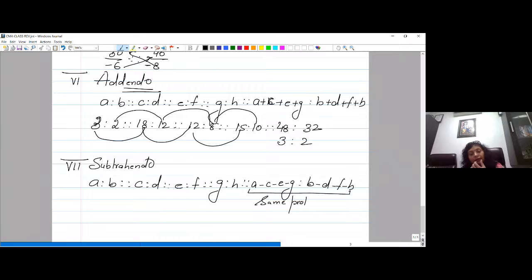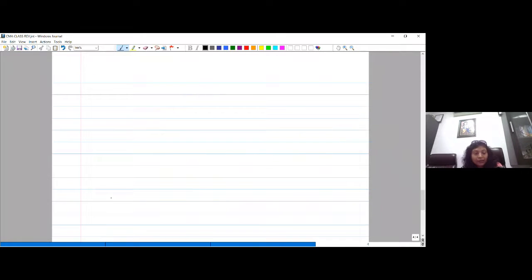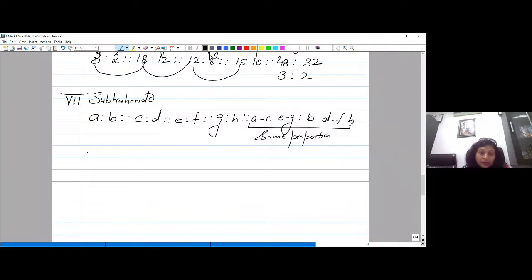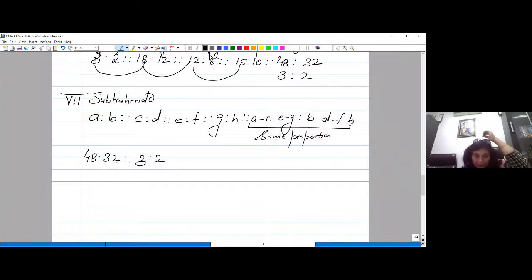This is called subtrahendo. For example, suppose we have been given an equation like 48 is to 32 in proportion to 3 is to 2, in proportion to 15 is to 10, in proportion to 6 is to 4.